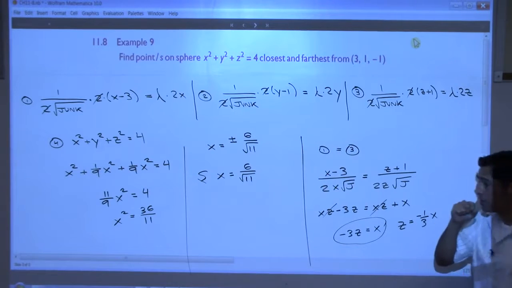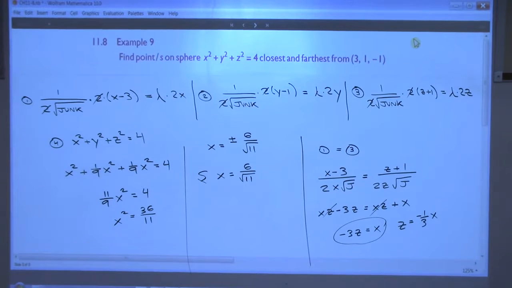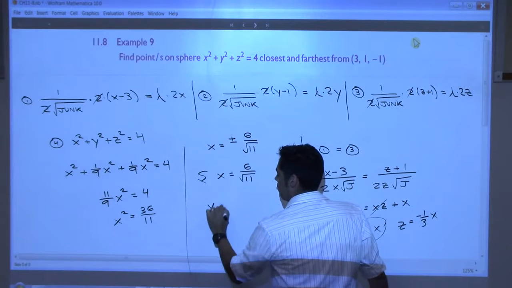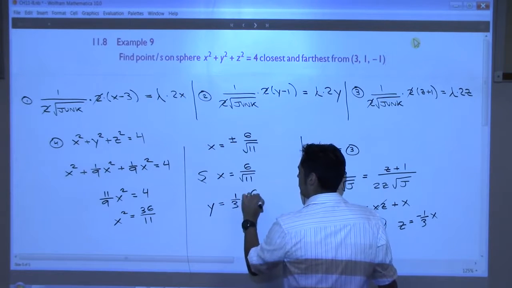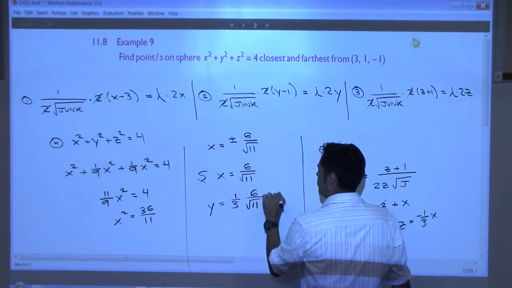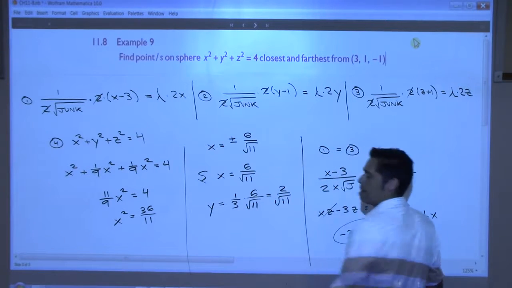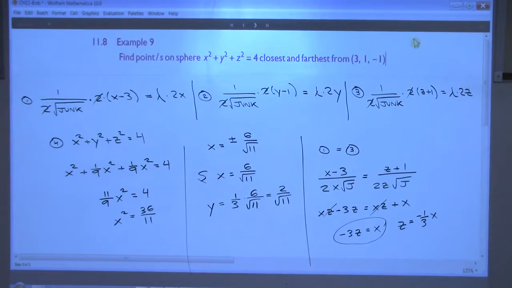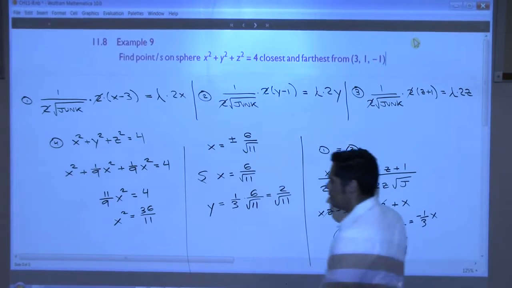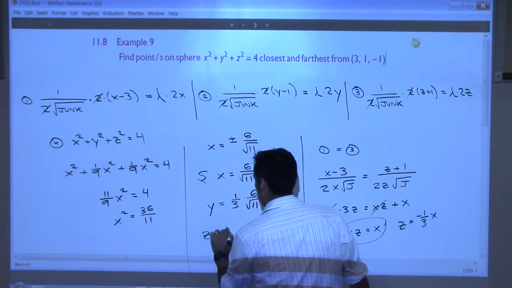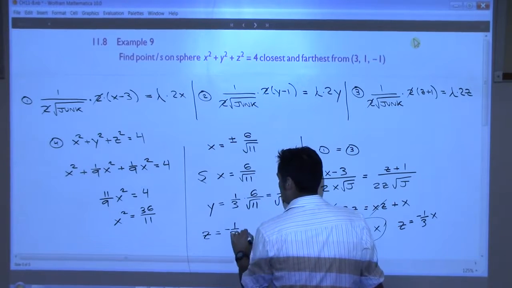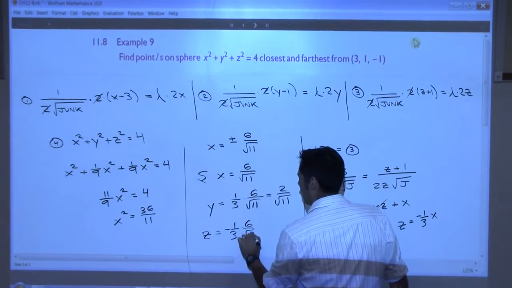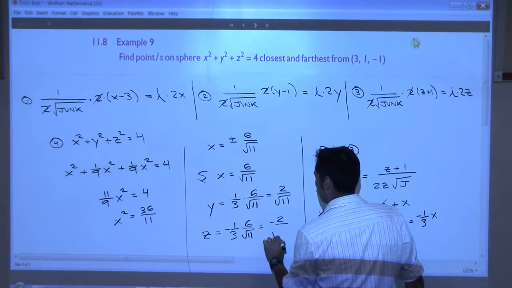If x is positive 6 over root 11, then y must be 1/3 of that, right? Which is just 2 over root 11. And then z must be negative 1/3 times x, so negative 2 over root 11.